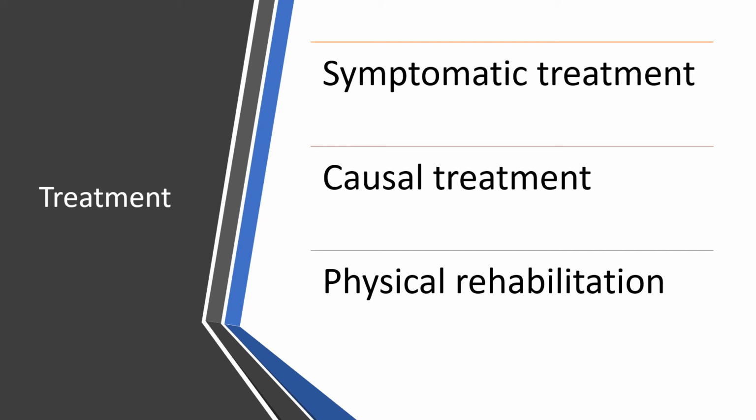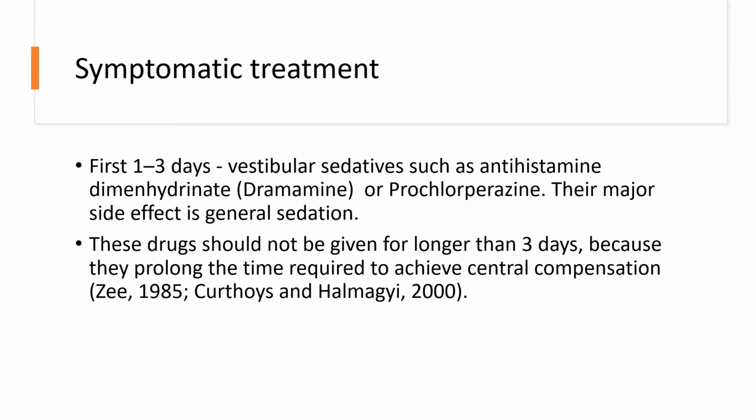Now, we come to the treatment of vestibular neuritis. We can categorize this treatment into symptomatic treatment, causal treatment, and physical rehabilitation. For symptomatic treatment, in the first 3 days, vestibular sedatives are usually very effective in relieving the symptoms of vertigo, nausea, and vomiting.